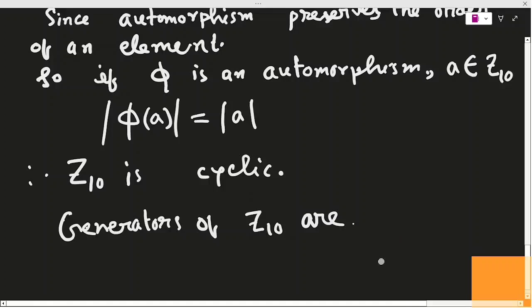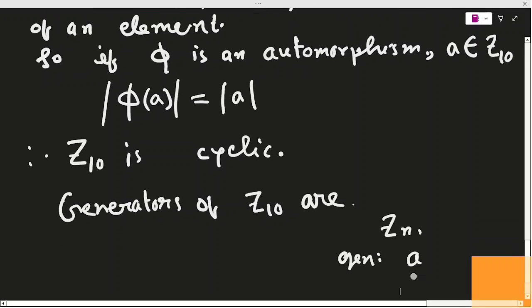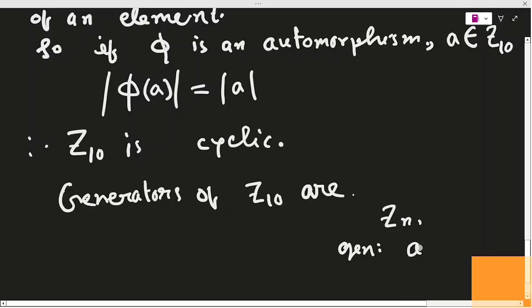Now you should understand one thing: which elements will be the generators of Zn? An element A can be a generator of Zn if the GCD of A and n is equal to 1.